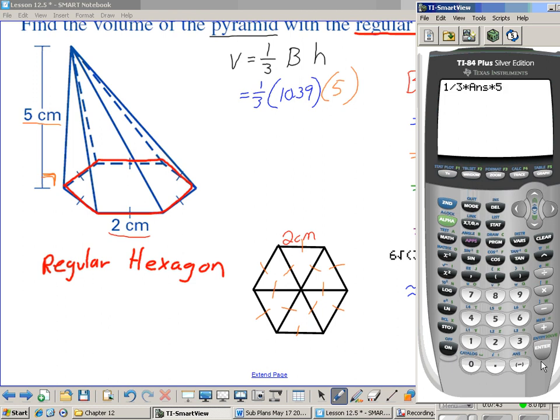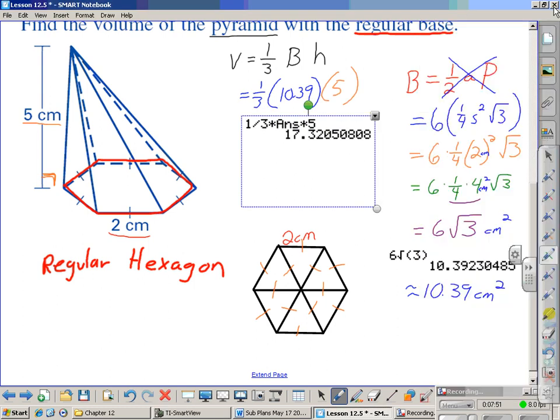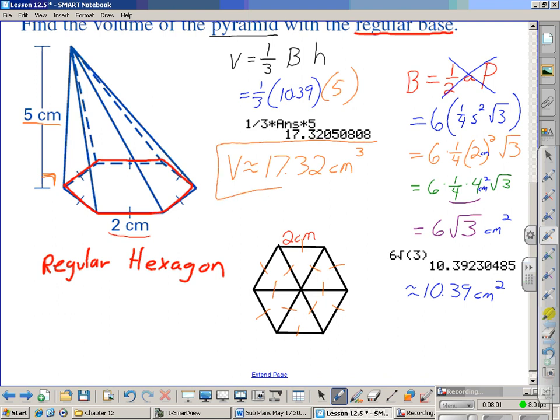And this, because our last answer was the 10.39, will get us the answer we want for this problem. So our volume, this will be what I box, is going to be 17.32. And don't forget, units are cubed on volume, so it's cubic centimeters. And that is how you do this problem.